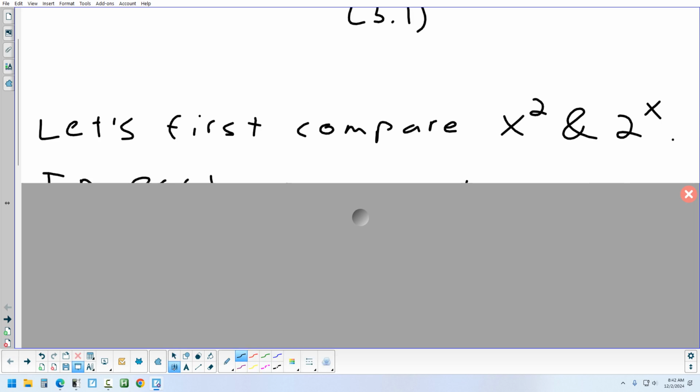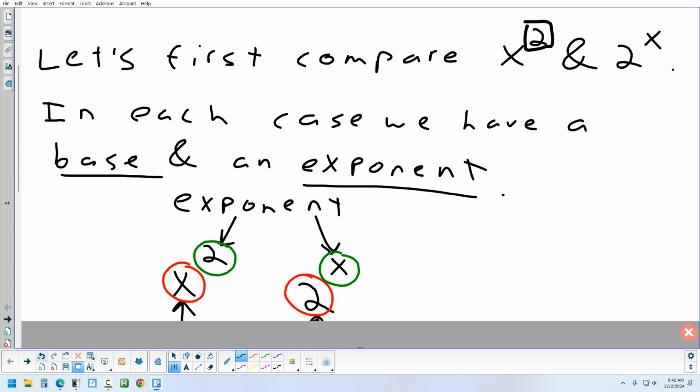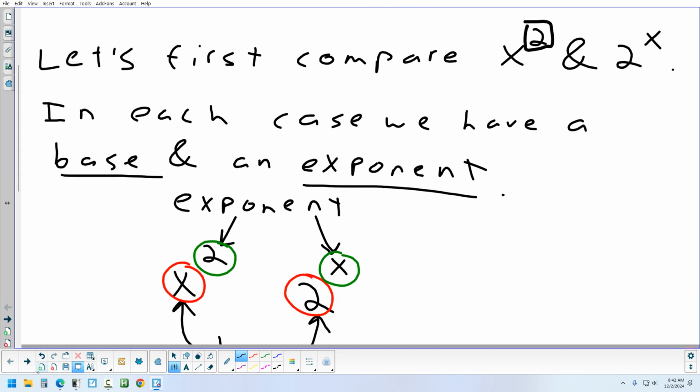Does anybody remember what you call the thing that's written up a little bit higher? Exponent. Yep, that's the exponent. And how about the thing that's below that? Base. That's called the base. And in each one of those, they have a base and they have an exponent. The difference is one of them is a polynomial and one of them is what we call exponential.